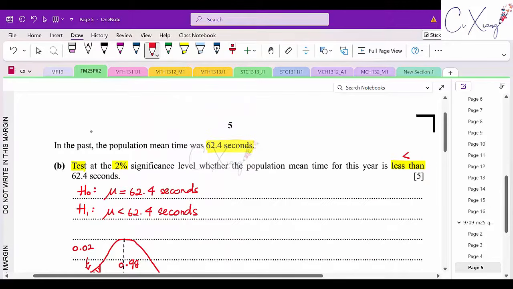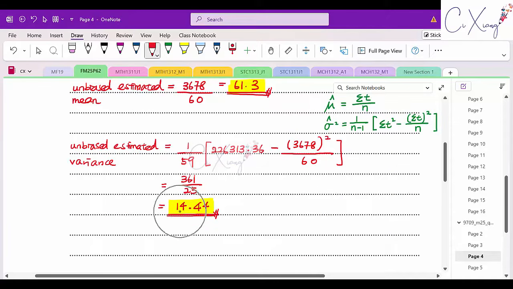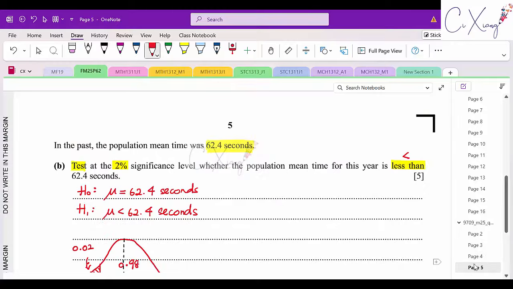In this question, you can see that they didn't give us any population standard deviation, but just now in part A, we used the sample to estimate the population variance. So you should know that this value is actually the population variance. Now I want to apply this value and make it become the standard deviation.